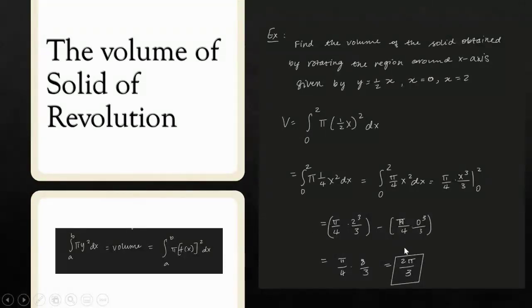But here, as you can see, I did not remove it. So you would just go ahead and integrate and then use the fundamental theorem of calculus to plug in the numbers, and then you would just solve it.